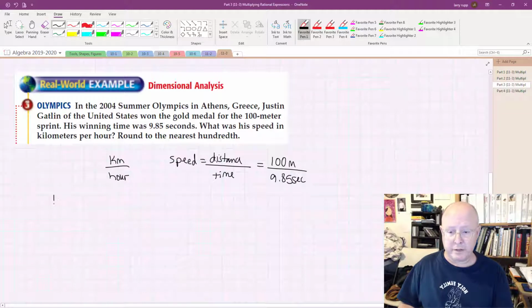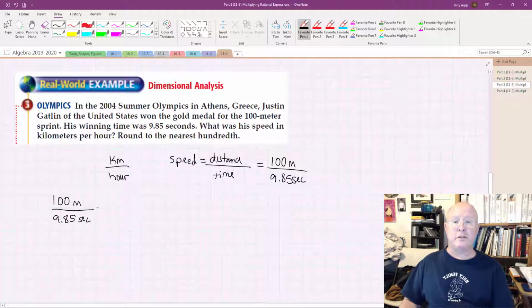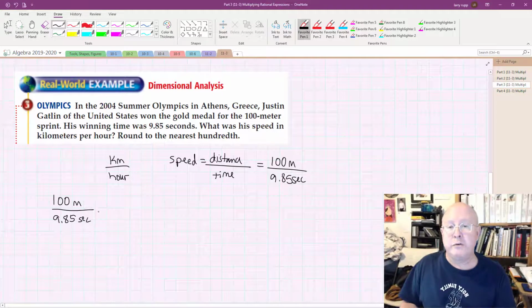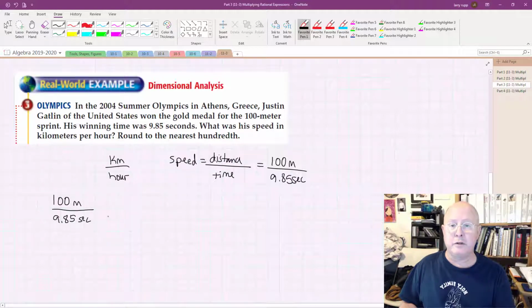So let's go ahead and do that. 100 meters over 9.85 seconds. Now you can do this 2 things at a time. We need to go from meters to kilometers, and at the same time go from seconds to hours. So you can do it all at the same time, and that's not a bad way to do it.